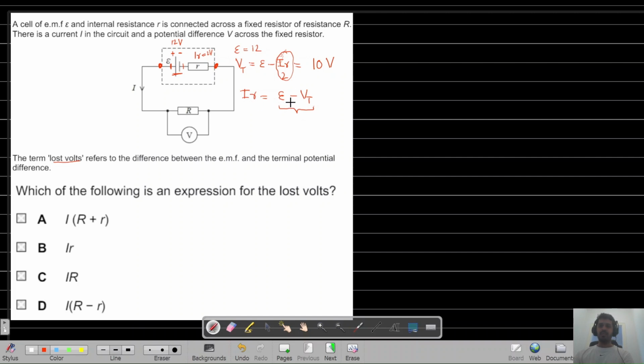And you can see the difference of the EMF and the terminal voltage is just the voltage dropped across the internal resistance, which we called I times small r in the last video. So in this question, they are referring to the voltage drop across internal resistance as lost volts, right? So it doesn't matter what you call it. If you understand this equation, you know that the difference between EMF and the terminal voltage will be the potential that was dropped across the internal resistance. So for this question, the correct option is option B, that is I times small r.